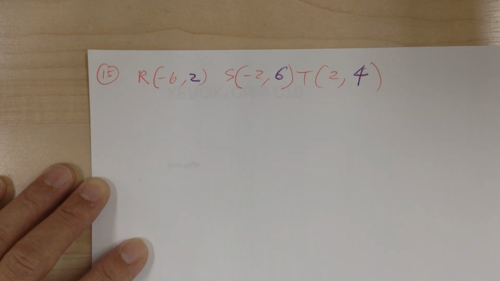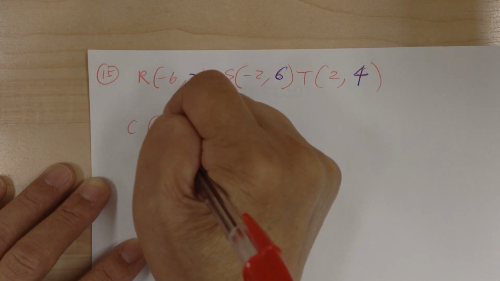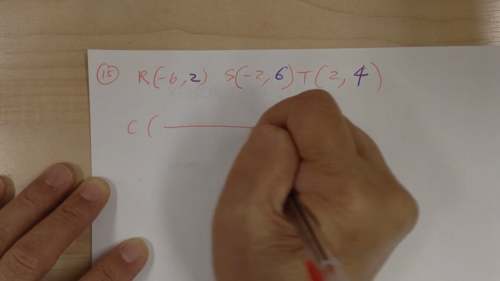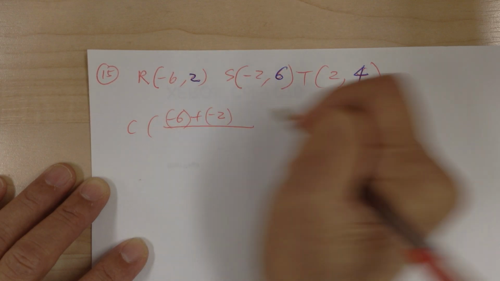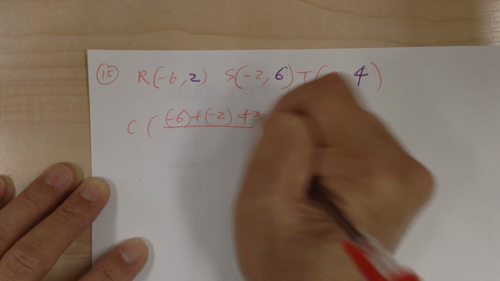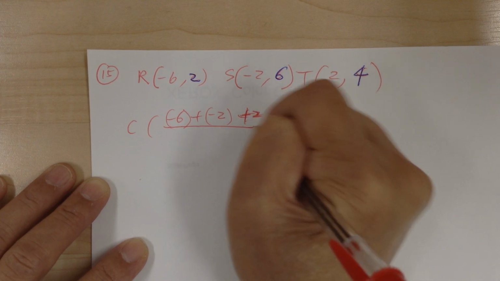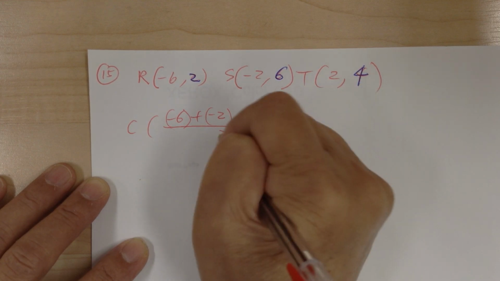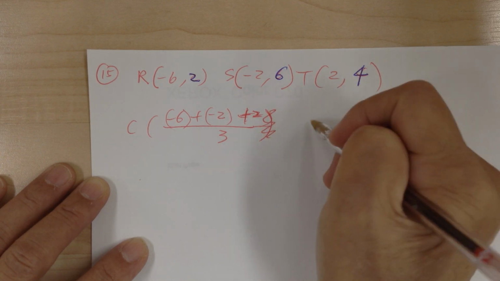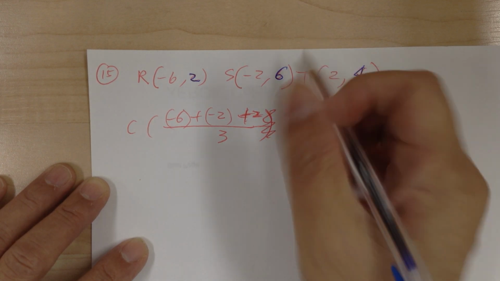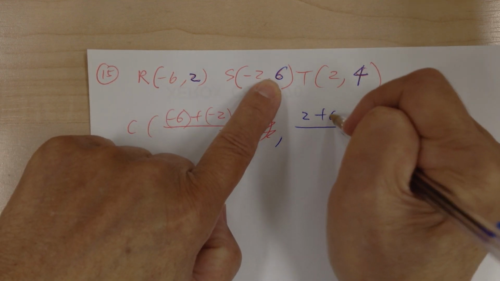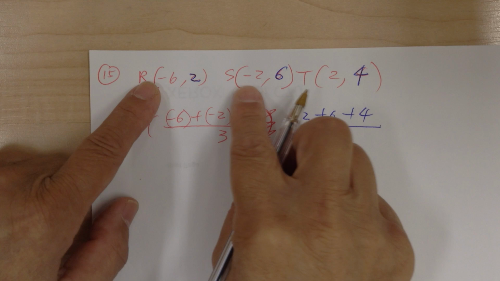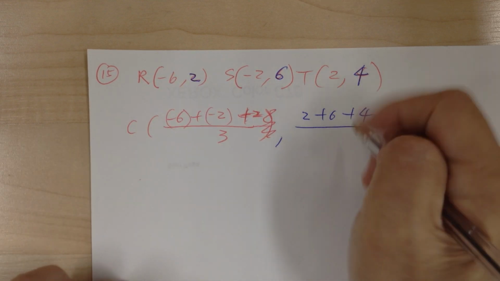To find the centroid, again, you just average the 3 vertices. So you've got -6 plus -2 plus 2 divided by 3. Sorry about that. And then for the y, you're going to get 2 plus 6 plus 4. So you average the x and you average the y.